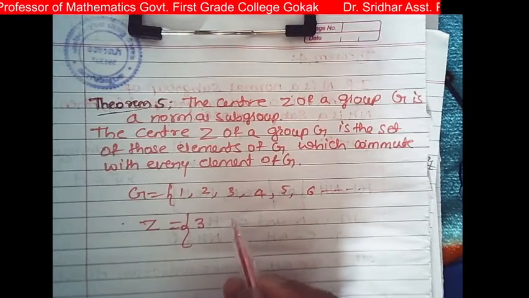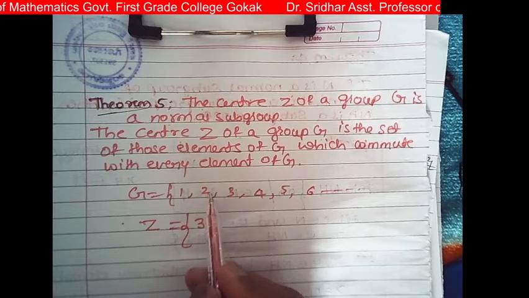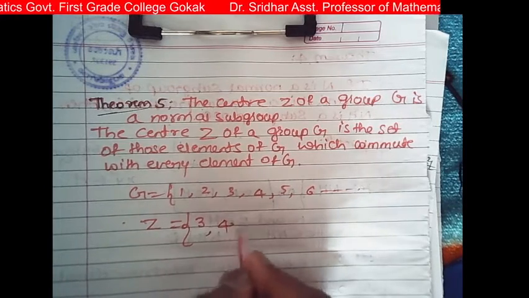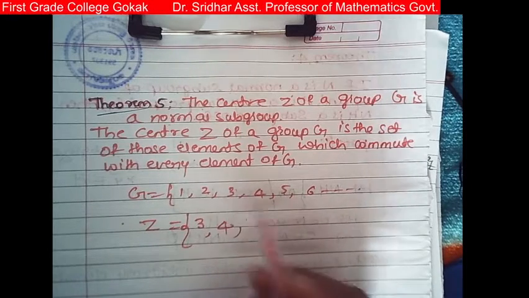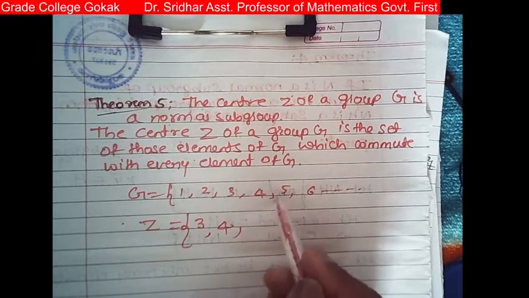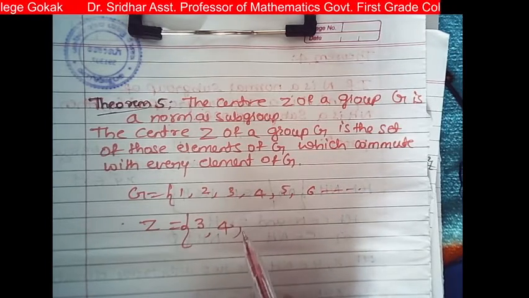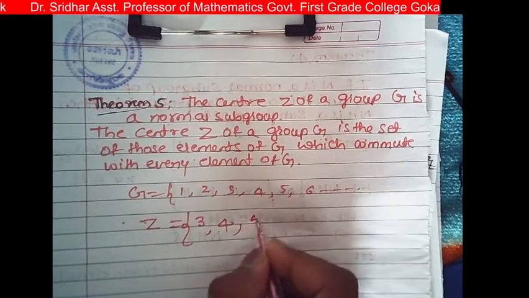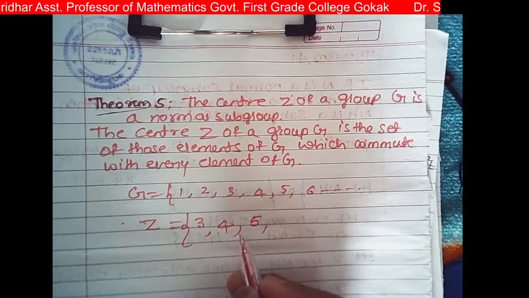Similarly take the element 4. Then 4 into 2 and 2 into 4 are both equal to 8. So therefore 4 belongs to Z. Right? Similarly if you take 5, 5 into 3 is equal to 3 into 5, both equal 15. So the commutative property holds, and 5 also comes under this set Z.